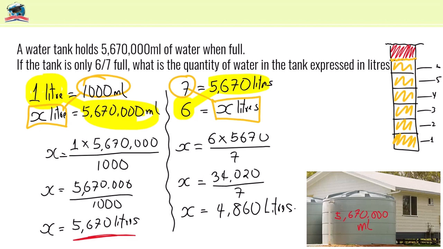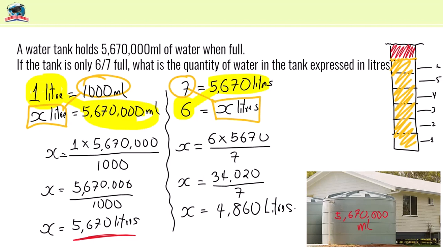Beautiful. So we can see that with the tank here, if we knock this off, this one here is gone, it's full. So that means in this tank, the water there, that's what we're looking for, will be 4,860 liters.